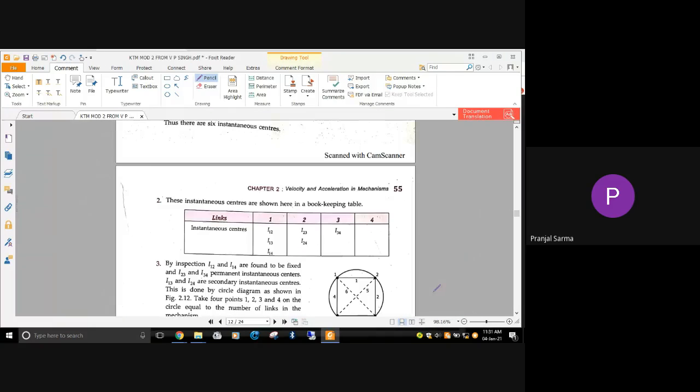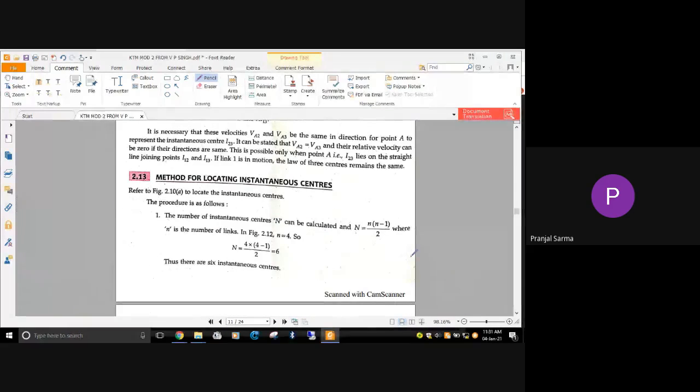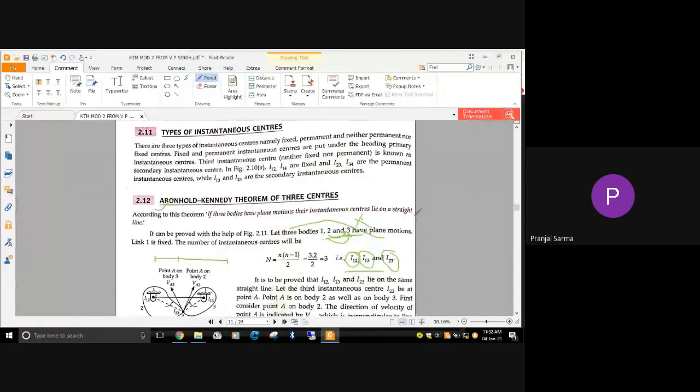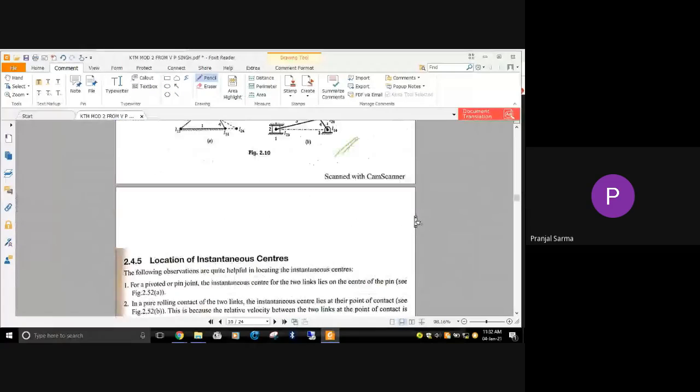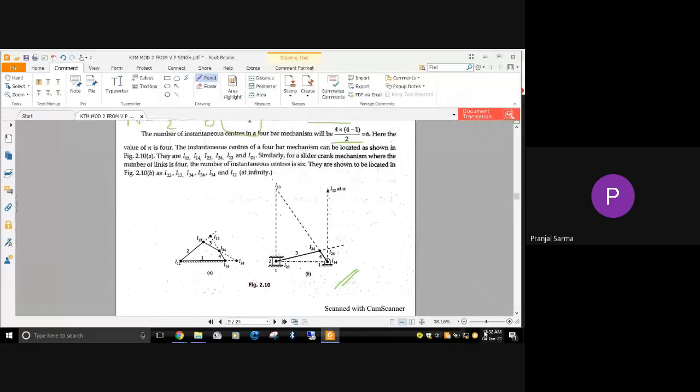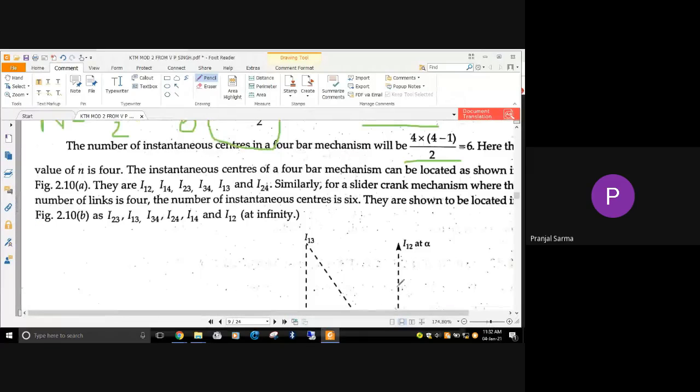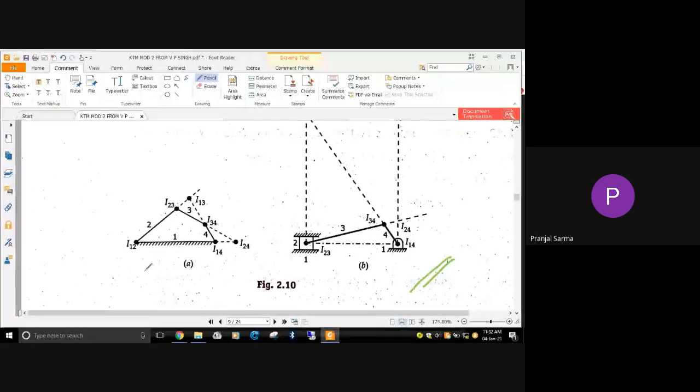Now we will see how to locate the instantaneous center for different mechanisms. First, suppose you have this particular figure.